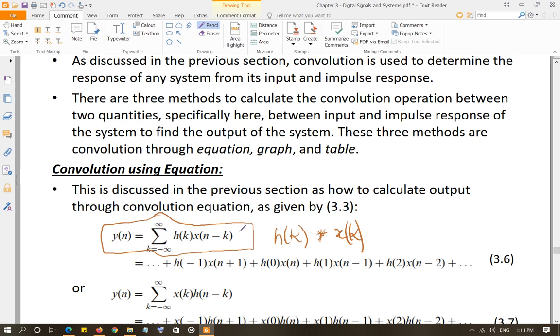And if you expand this, of course, for different values of k, that's going to be h of minus 1, x of n minus 1. So basically we are plugging in the values of k over here and performing the summation operation.